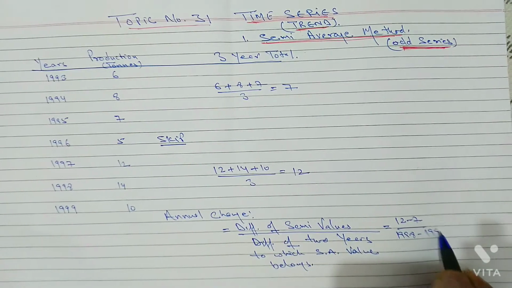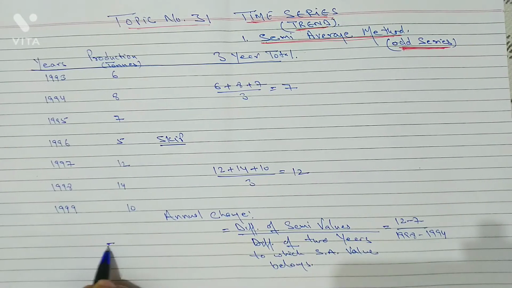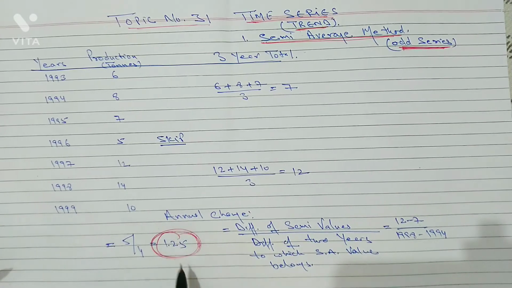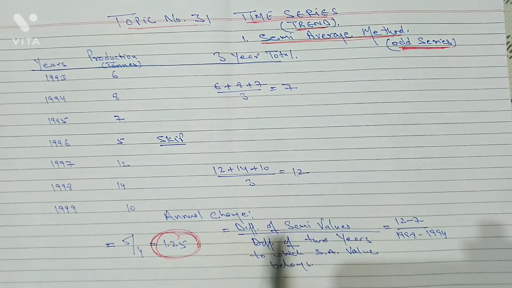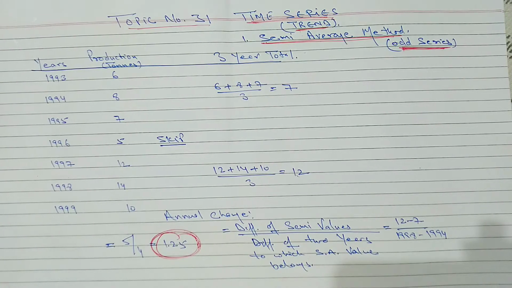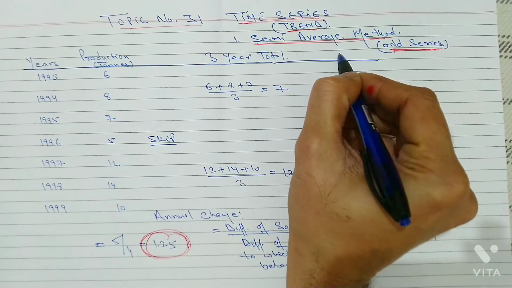Which equals 12 minus 7, 5, divided by 98 minus 94, 4, which equals 1.25. Therefore our annual change is 1.25.